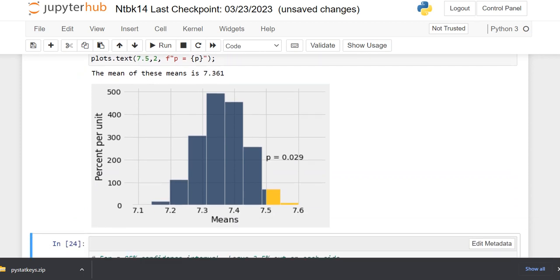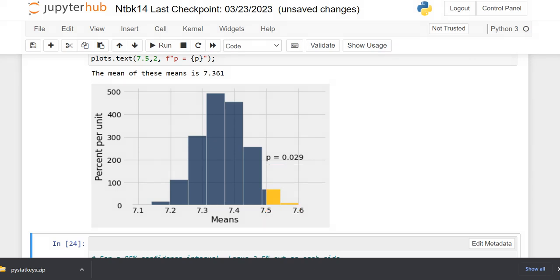Now it does appear that it's a little more possible for the mean to be in this confidence interval. But this is the p-value approach, where we only found that 3% of the time the mean from the sample turned out to be up here above our null hypothesis.